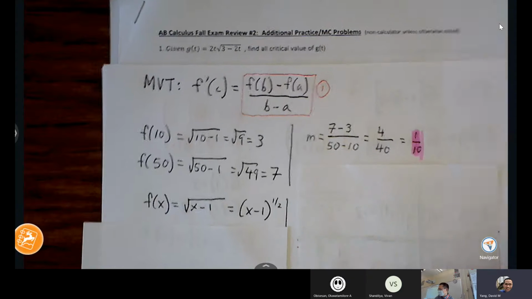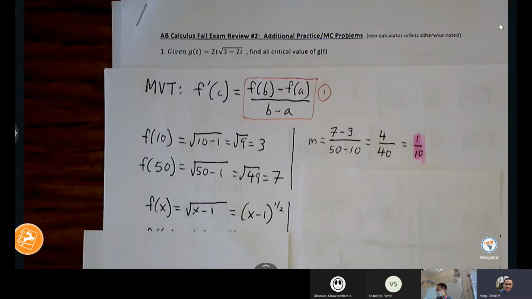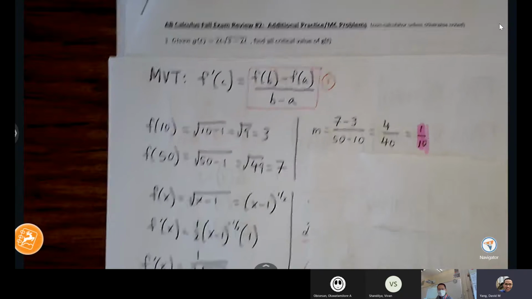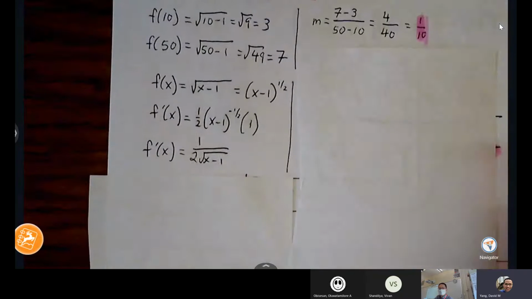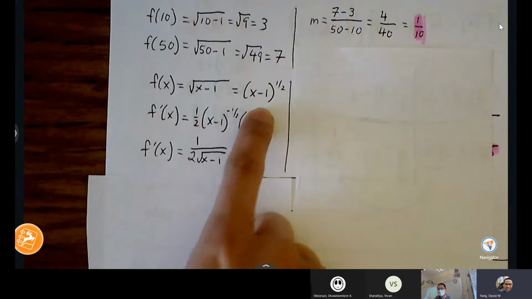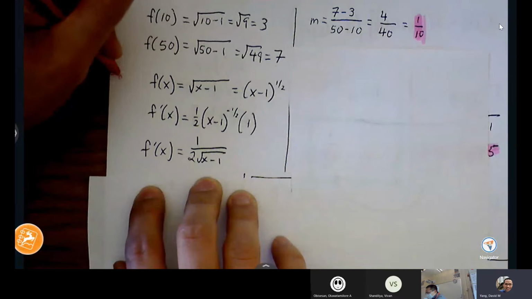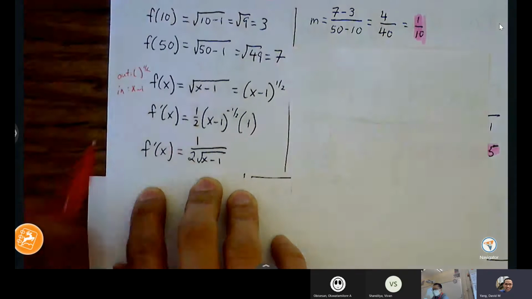Okay. So here's my derivative going through chain rule. Outside derivative times inside derivative. Parentheses to the 1/2. Inside is the x minus 1.